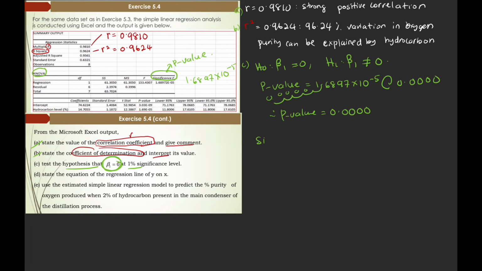Then, since the p-value, 0.0000, is less than alpha 0.01, we reject H null. So, what does it mean if you reject H null? At alpha 0.01, beta 1 is not equal to 0.